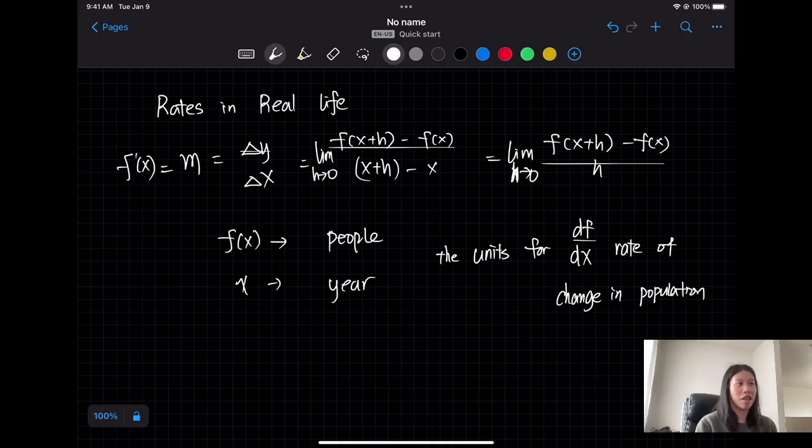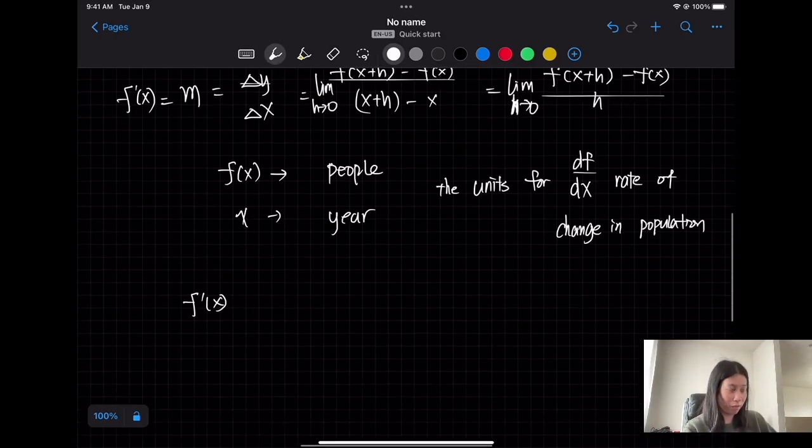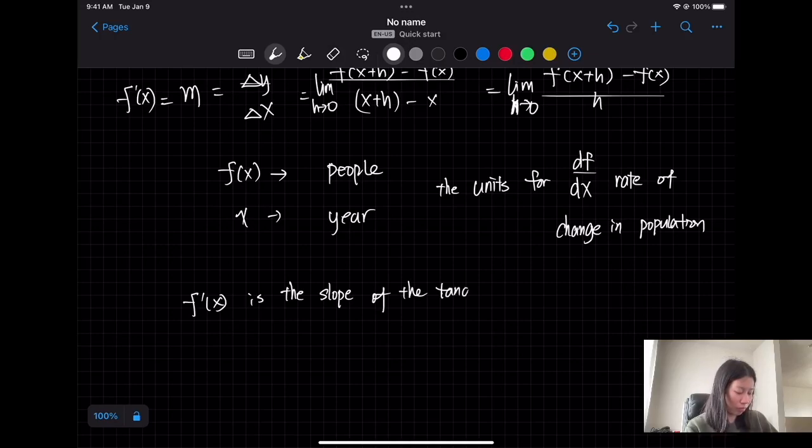Graphically, we can have f prime of x as the slope of the tangent line at the point x, f(x).